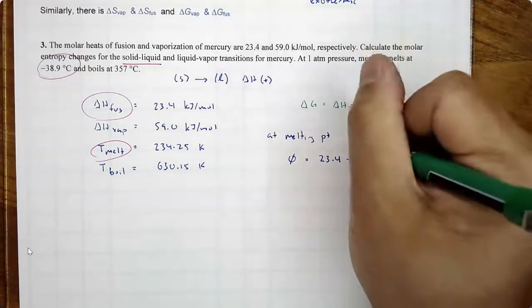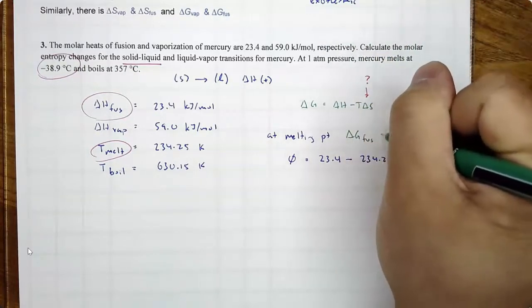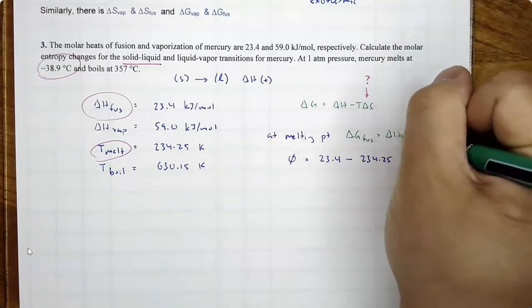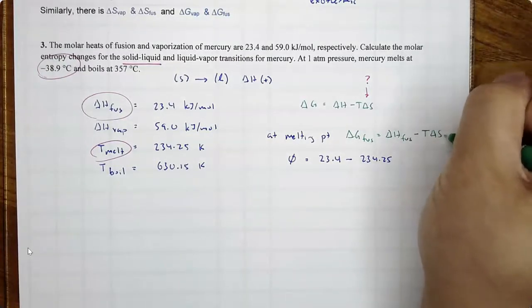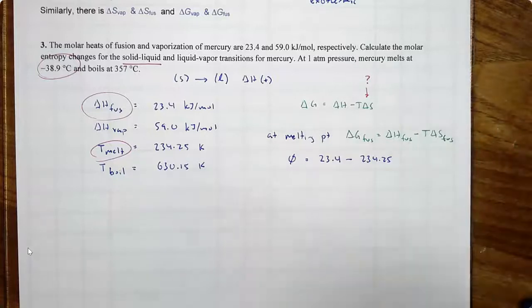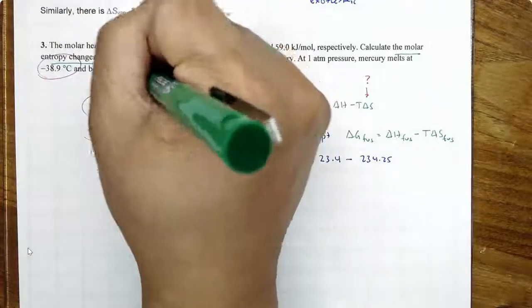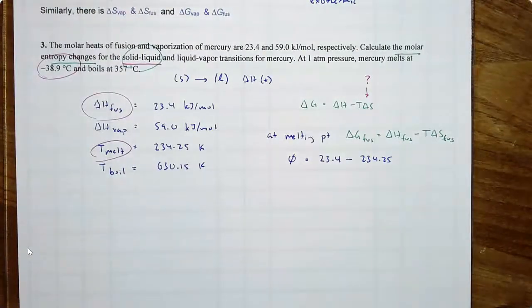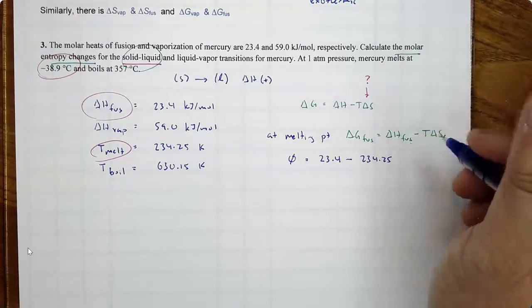Because what I'm really looking at is delta G of fusion equals delta H of fusion minus T delta S of fusion. And that is what they want, the molar entropy for fusion. Okay, delta S, we're solving for that.